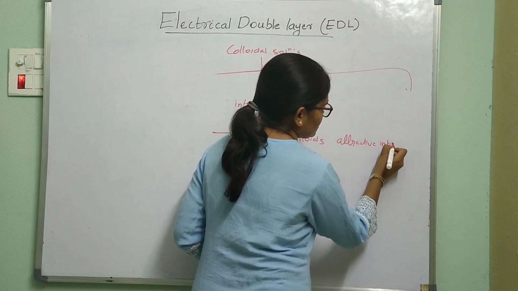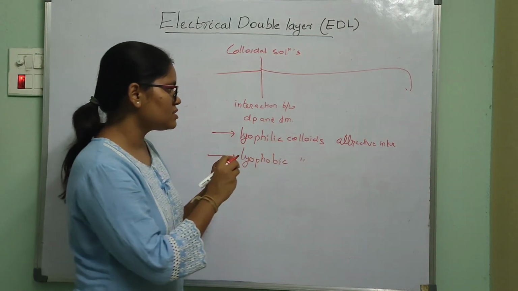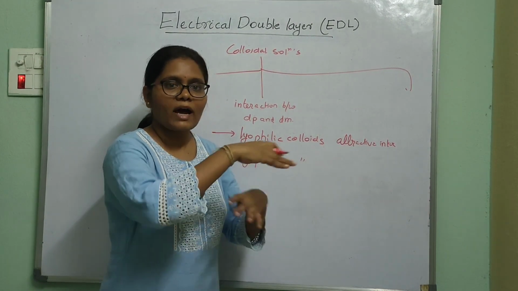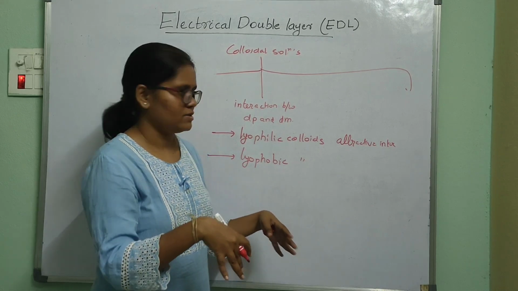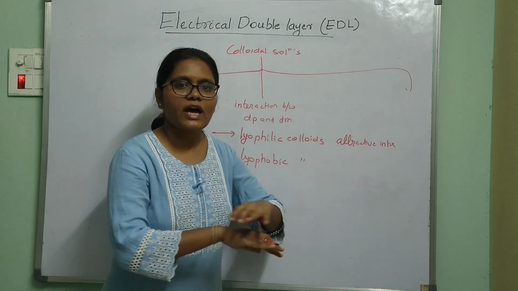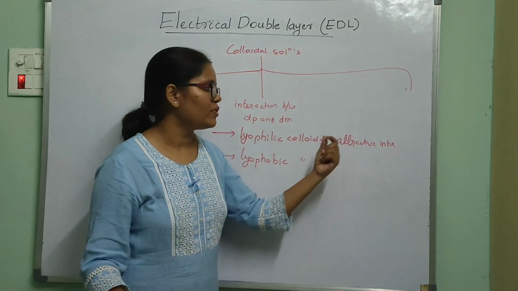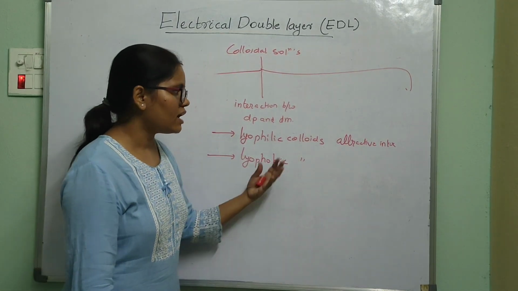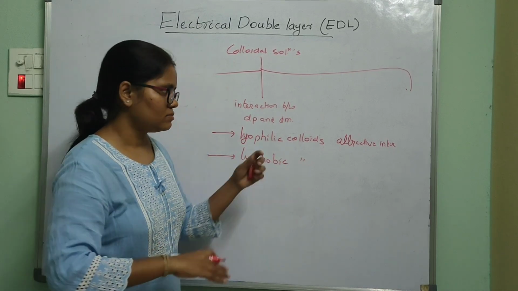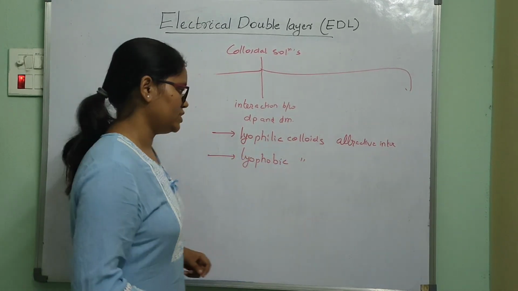That means the dispersed phase is affectionate towards the dispersion medium and does not mind dissolving into it. They don't have a problem with the solvent, and they dissolve easily in the solvent or dispersion medium.